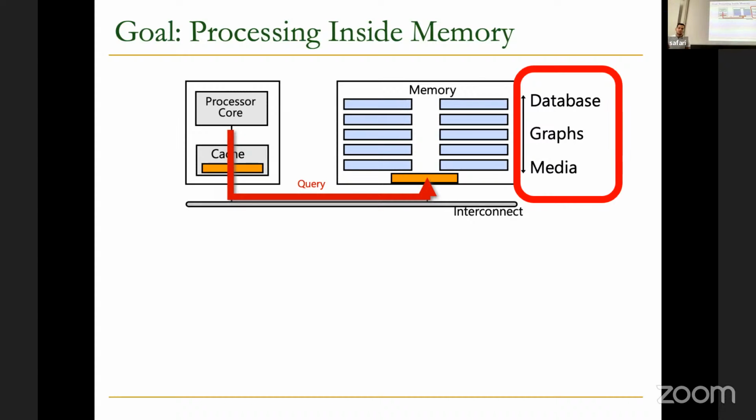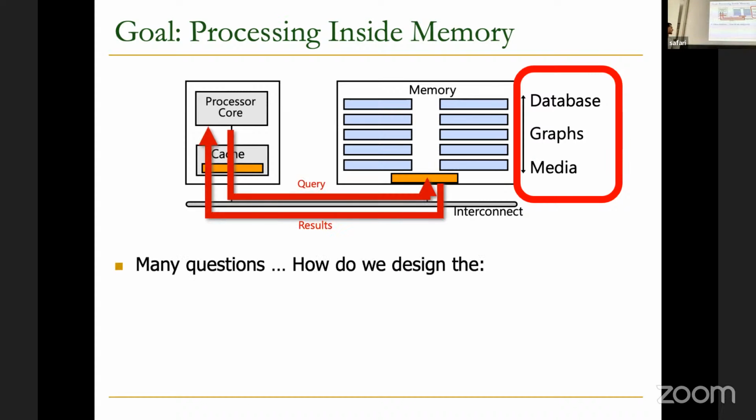We are treating the memory as an accelerator, and independent of the application, we want the processor to just query the data with some information, and then the memory returns the output data or the results to the processor, without moving the input data or the intermediate data from the memory to the processor for computation.